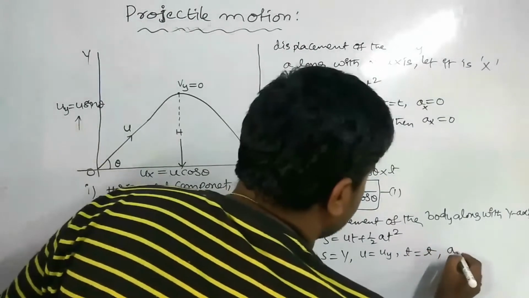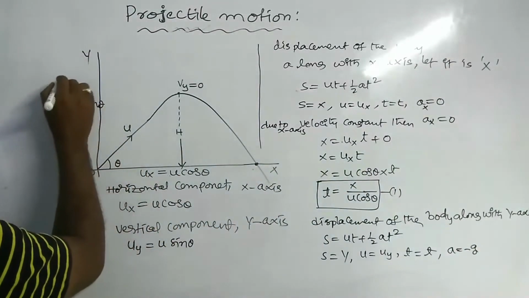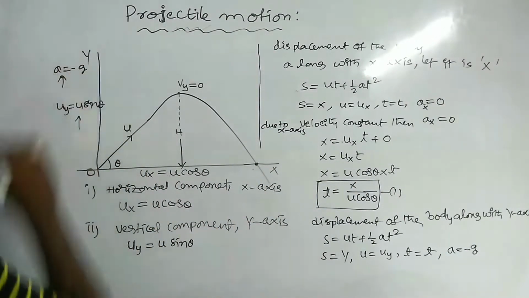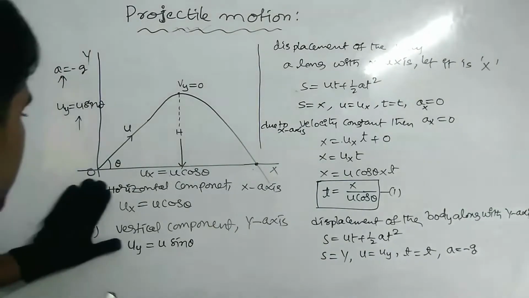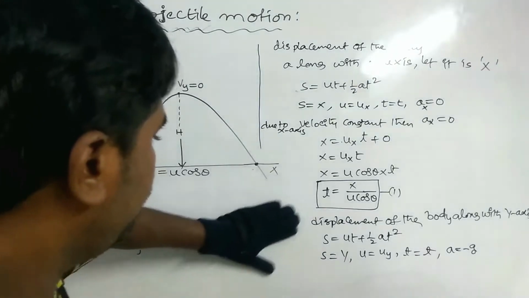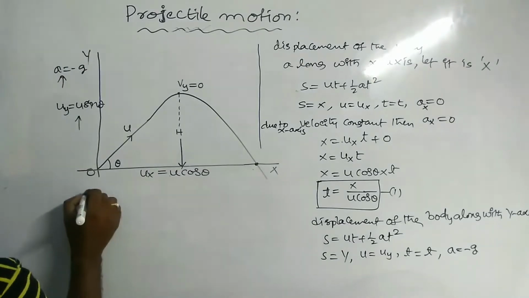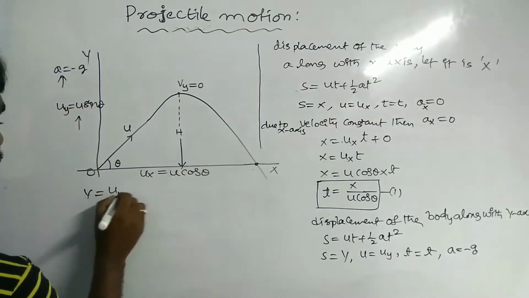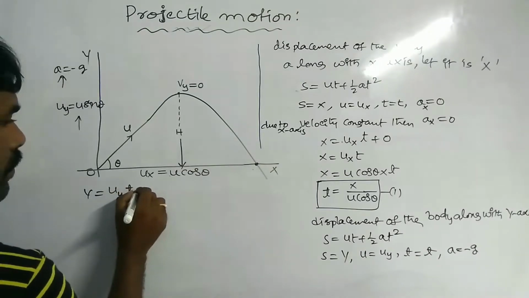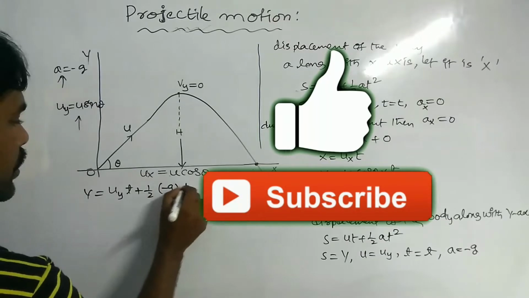And a here is minus g along the y-axis. So let's substitute all those terms in this equation. We will get s, which is y, is equal to uy t plus 1 by 2, a means minus g, into t square.